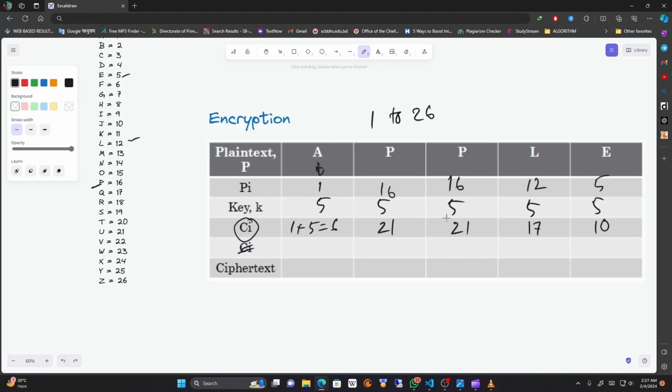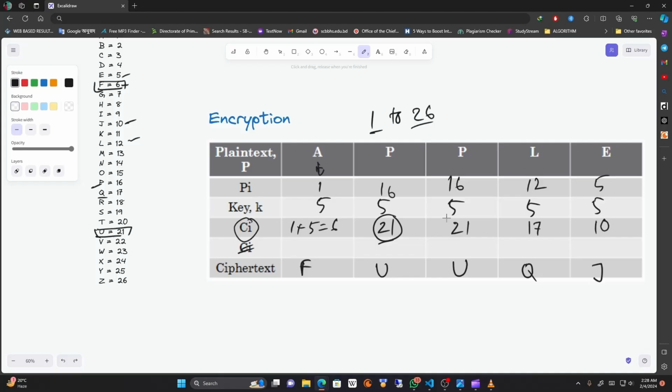So if we find this kind of situation, we just need to write down the exact value of this index, which is F. And again 21 is in the range between 1 to 26, so we just need to write the value of this index, which is U. Similarly again U, and for 17 we need to write Q, which is between 1 to 26, and for 10, which is again between 1 to 26, so we need to write down the letter for 10.